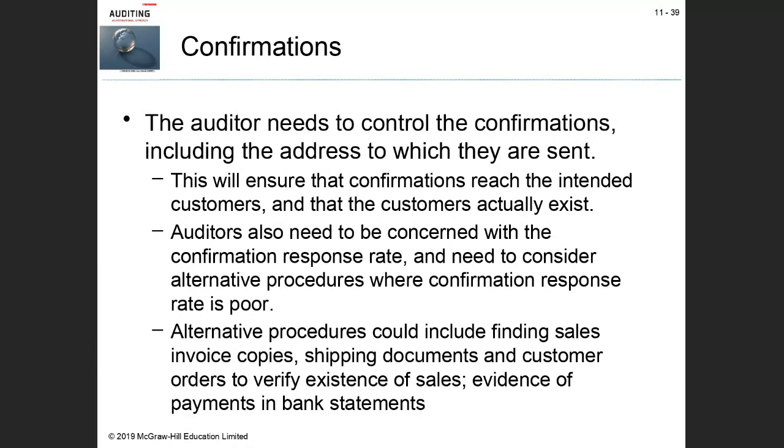So if you don't get a confirmation back, and if customers are not paying after the end of the year, that could be an indication that the sales recorded as receivables actually don't exist. Because the customers have not confirmed by returning the confirmation letter, and there's no money coming in the door after the end of the year.